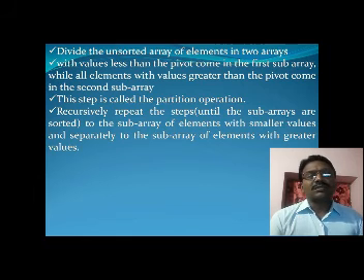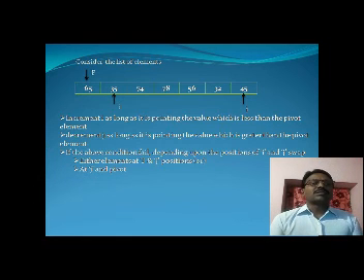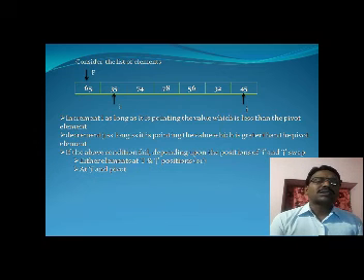I consider an example. I am choosing 7 elements: 65, 35, 74, 78, 56, 32 and 45. Mainly there are two rules.